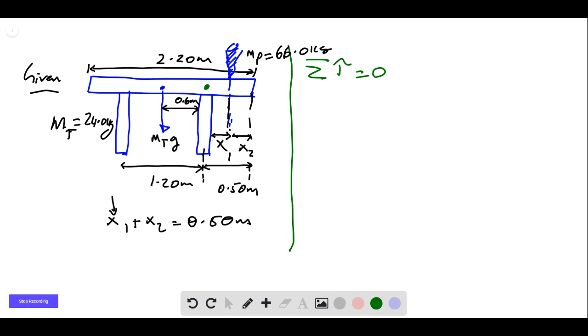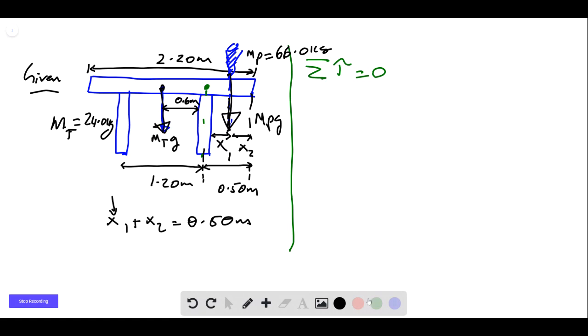Sum of the torques around this point is 0. The person has their weight pointing downwards, and that's mpg, just like the weight of the table is pointing downwards. That's mtg.